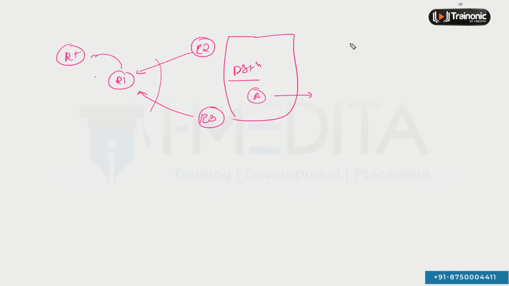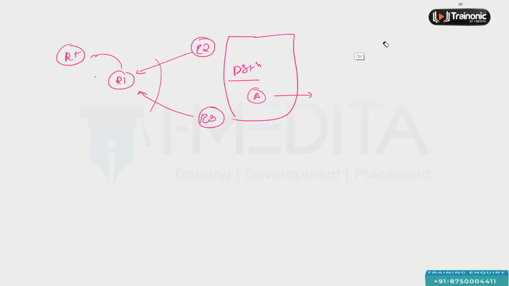So, first criteria. One more thing I would like to clear: which path gets installed in the routing table, and which path the router takes to route the traffic. These are two completely different things, and you will understand the difference.